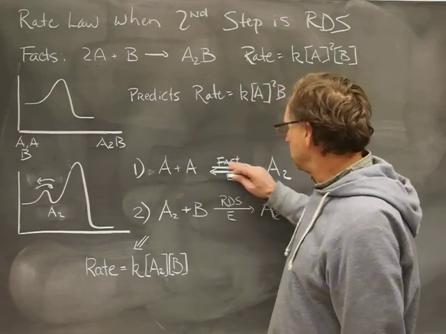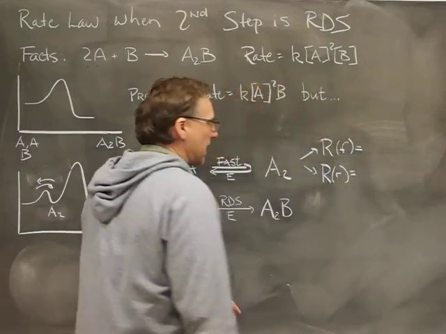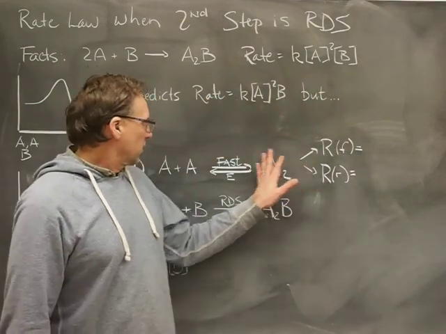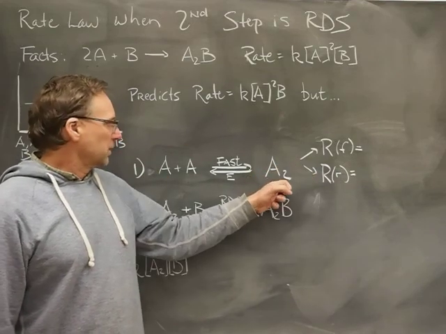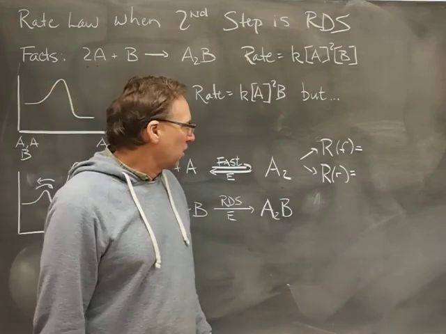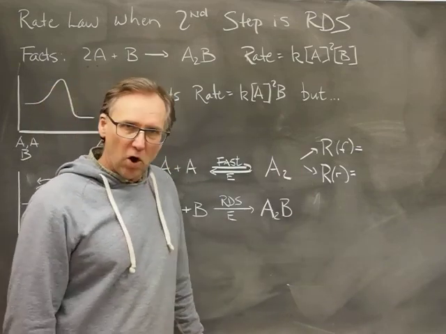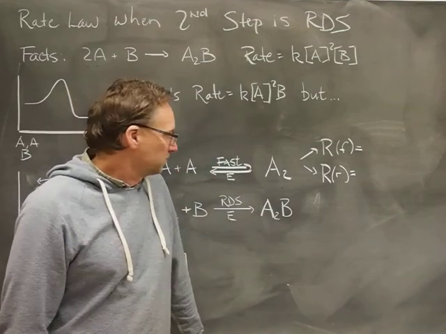But we can if we take advantage of what we know about that fast equilibrium. So let's step through that a little bit. Here we have our fast equilibrium, bimolecular in the forward direction, unimolecular in the reverse direction. If you want to, pause the video and see if you can write down the rate law for the forward reaction and the reverse reaction.